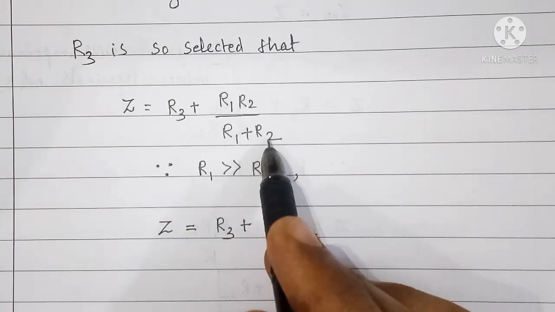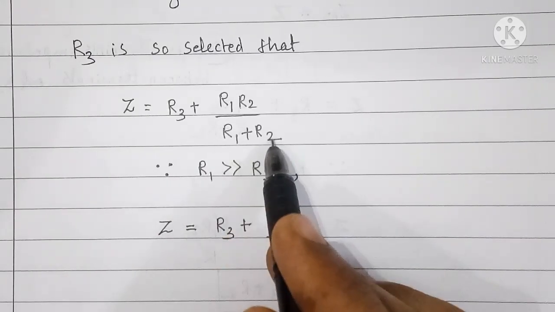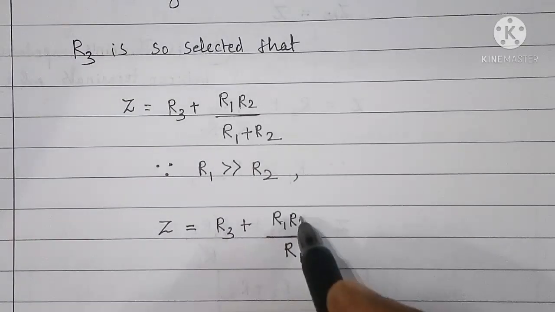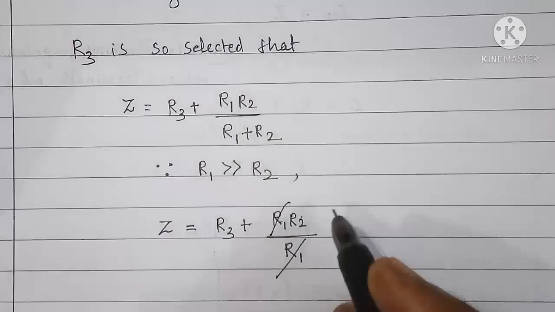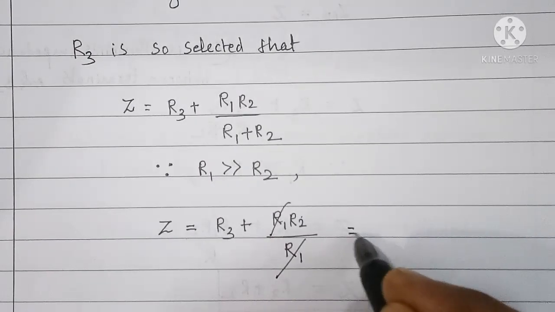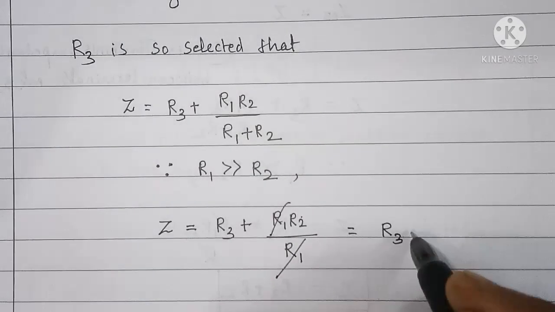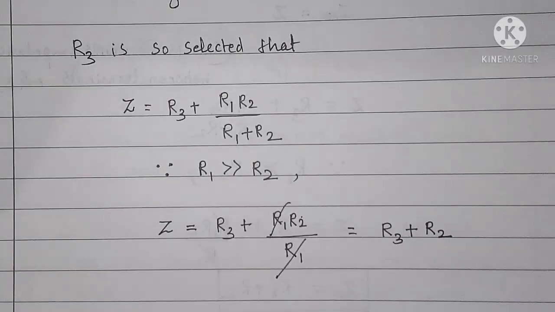Because R2 is much smaller than R1, so we can neglect R2 in the denominator and get R1 into R2 by R1 here. Now R1 will cancel and Z will become equal to R3 plus R2.